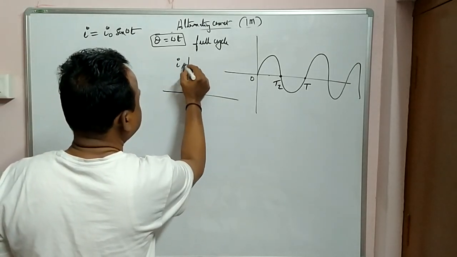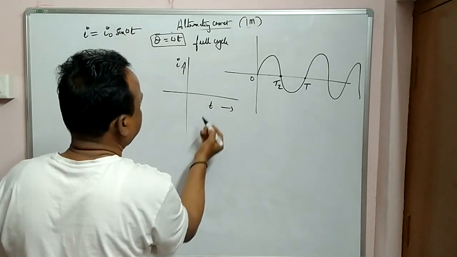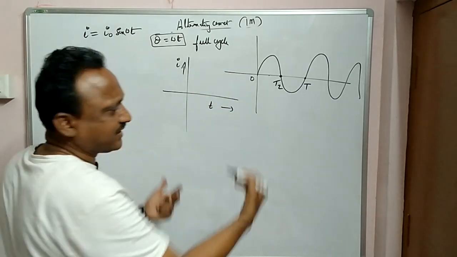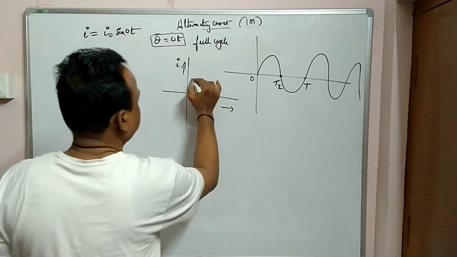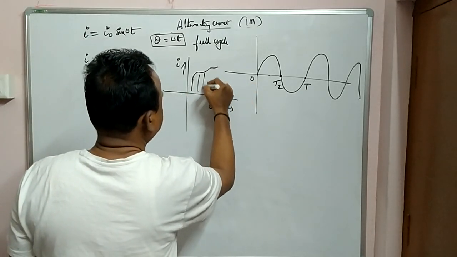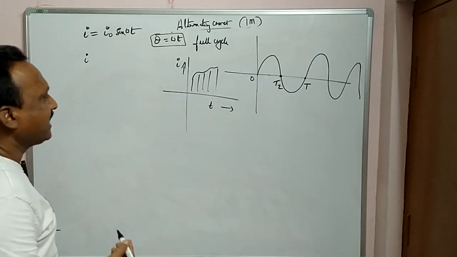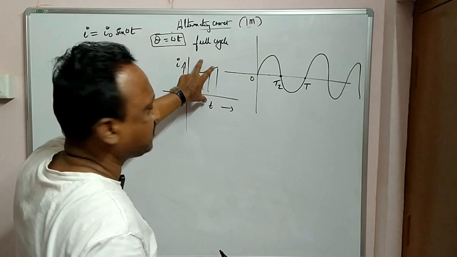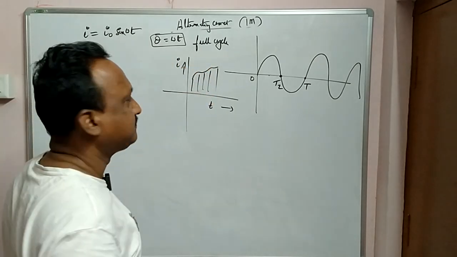Suppose I is on the y axis, t is on the x axis. So how will you get the value if you are having any curve? Area under the curve. Suppose you are getting a curve like this. So the area under this curve is the integral of I dt. Okay? When an I versus t graph comes, how do you get this? Either by integrating or by the area under this curve.